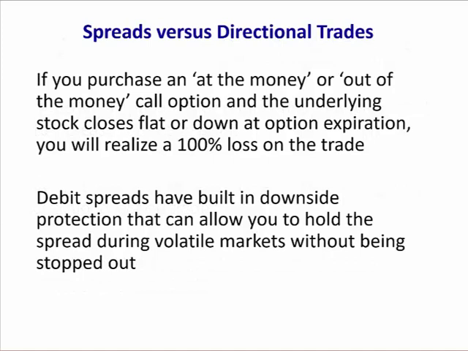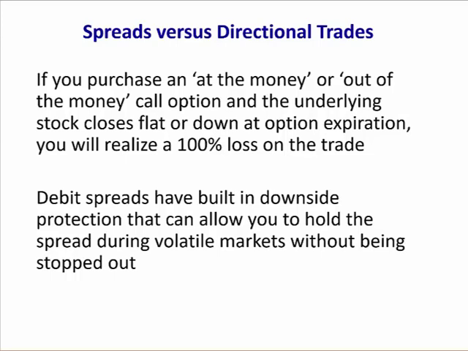And remember, if you purchase an at-the-money or an out-of-the-money call option and the underlying stock closes flat or down at option expiration, then you'll realize 100% loss on the trade.